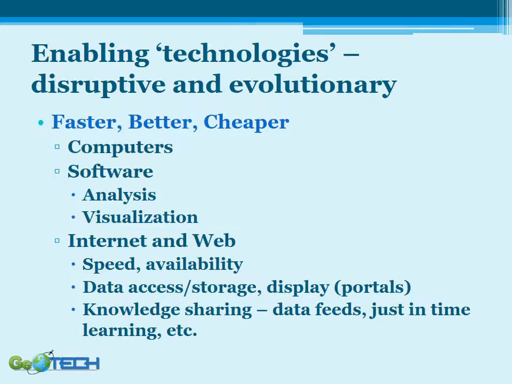Also, what's really been enabling and transformative is the internet and the web. Speed, accessibility, availability of data, storing your data, managing your data, data portals, and then knowledge sharing. Doing YouTube videos or other videos where you can tell people what you've done and how you've done it and help them learn how to do it.